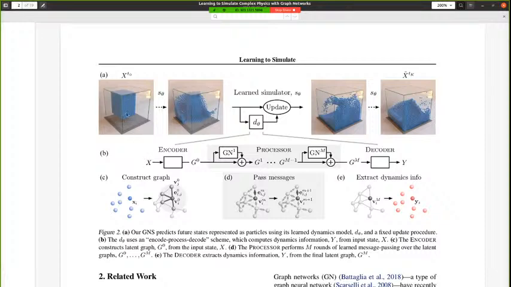in that the way this is tackled by the authors is that you have this state at any point. The superscript here is time, but we're looking now just at the state x, which is a concatenation of all the positions and velocities of the particles. This gets fed into an encoder.